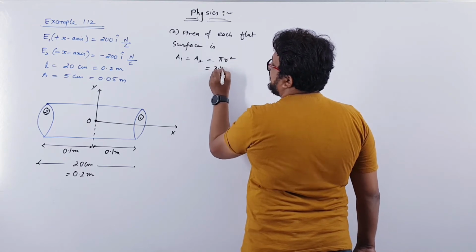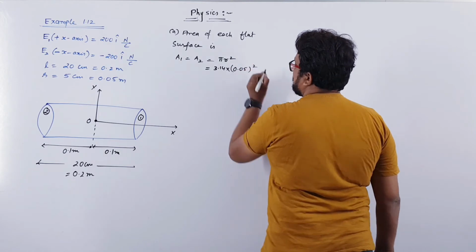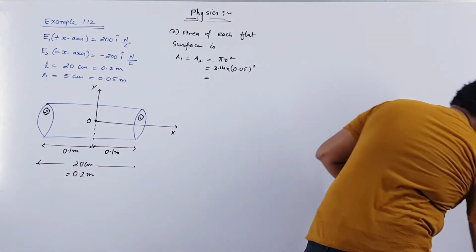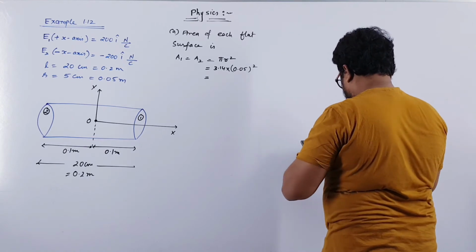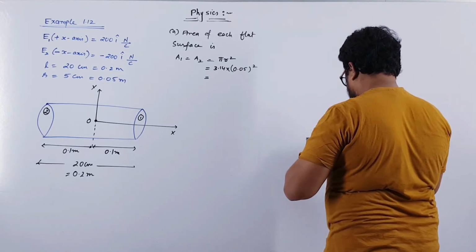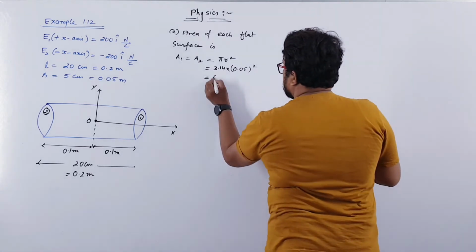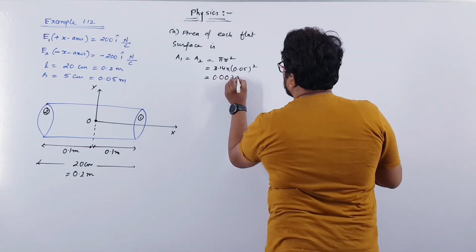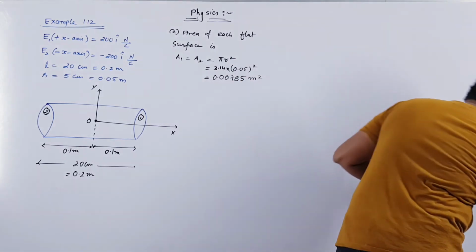So 3.14 into 0.05 whole square will give you 0.00785 meters square. This is the area of each flat surface.